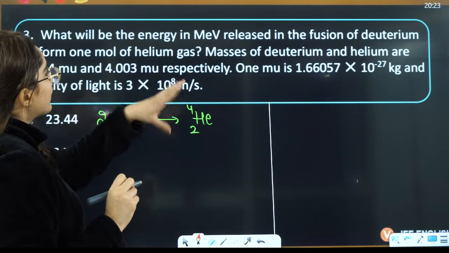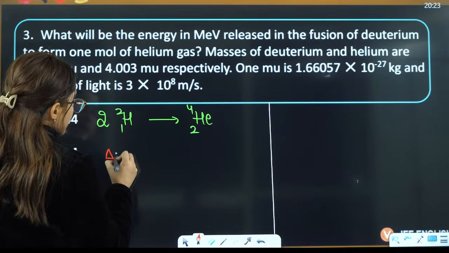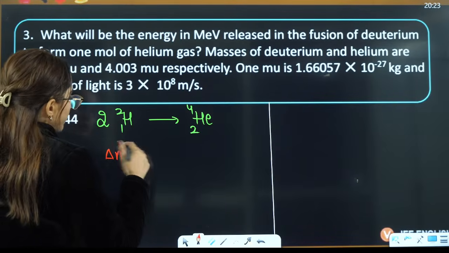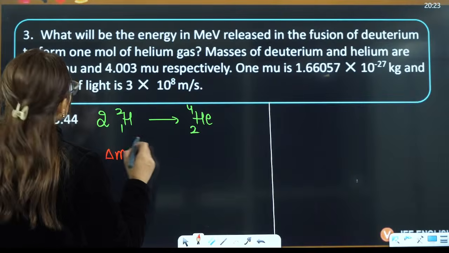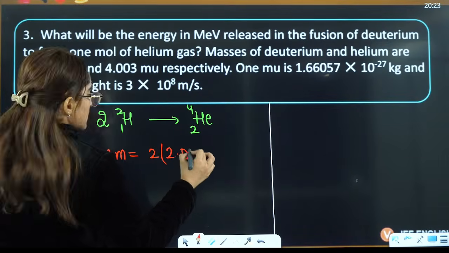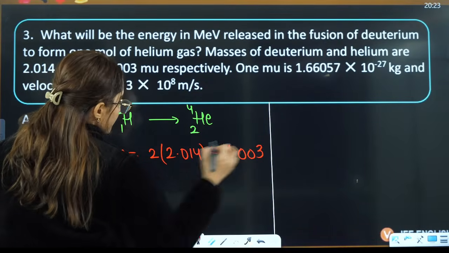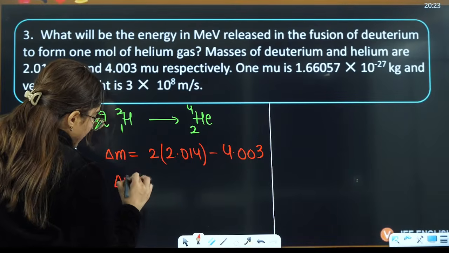Now the masses of deuterium and helium are listed here. So you can say delta M, the mass defect, is going to be 2 into the hydrogen mass, that is the initial mass, 2.014, minus 4.003. That is going to be the delta M value.